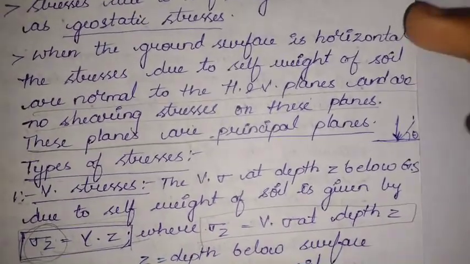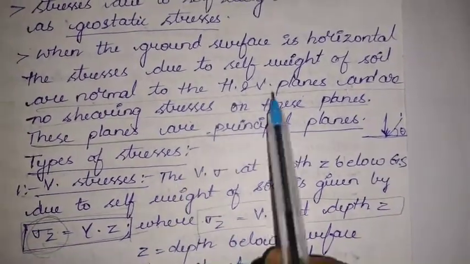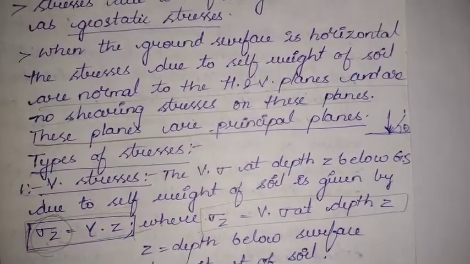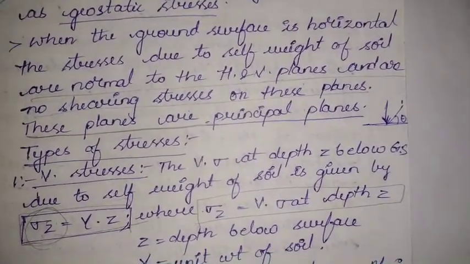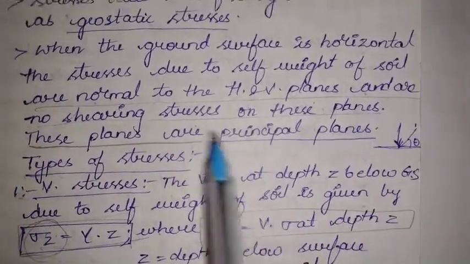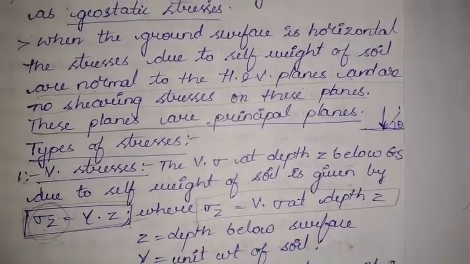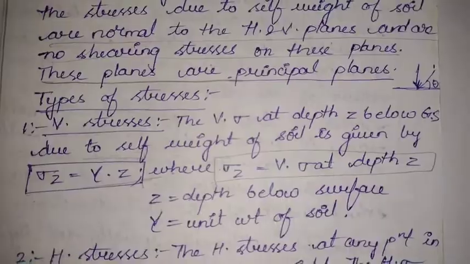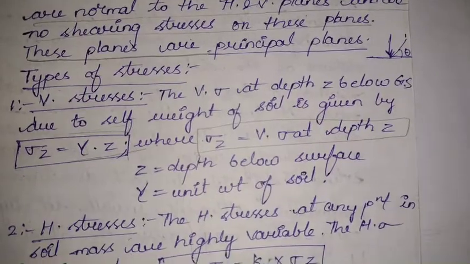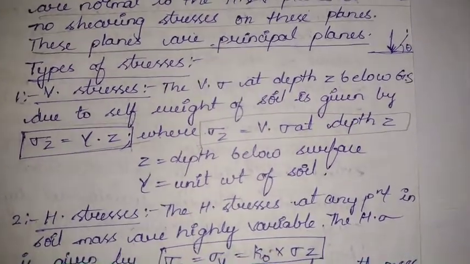But here in this case, we only have the self weight which is normal in the direction to the horizontal and vertical plane. And the planes we are talking about are called principal planes. In the geostatic stresses, we have two types: vertical stress and horizontal stress.